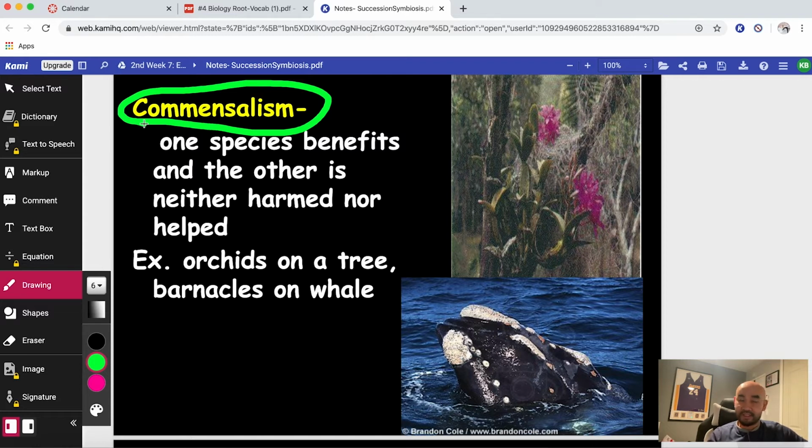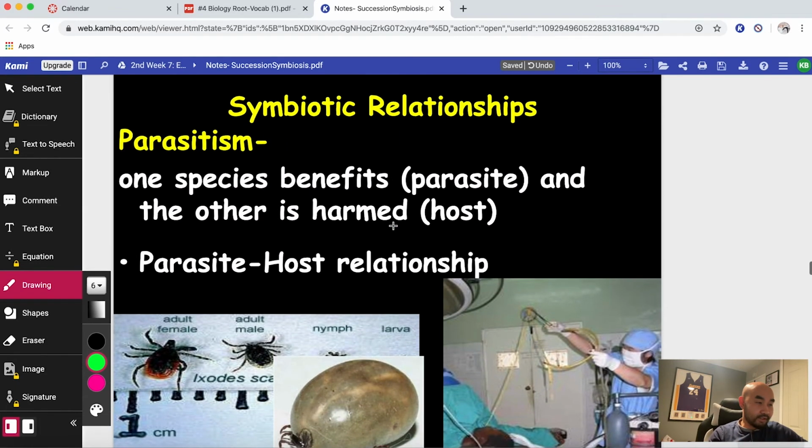But does your friend care? Your friend doesn't care. Your friend doesn't get anything from it. So that's what we call commensalism. It's an okay relationship, okay?